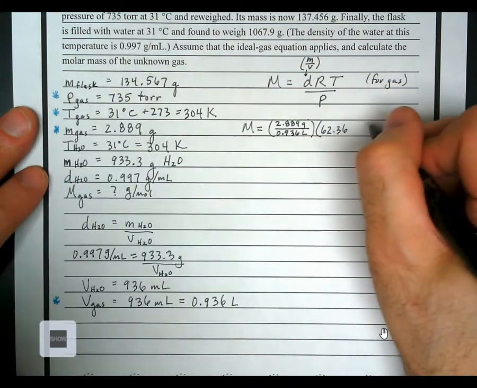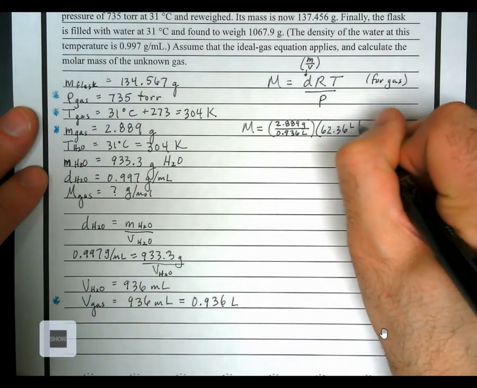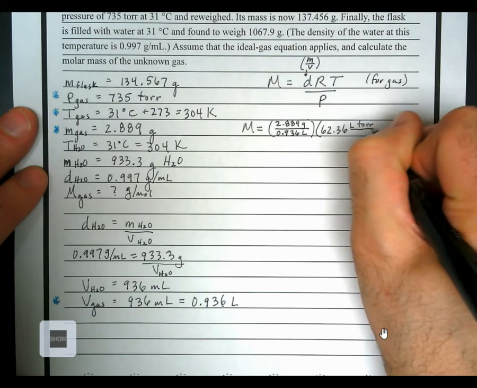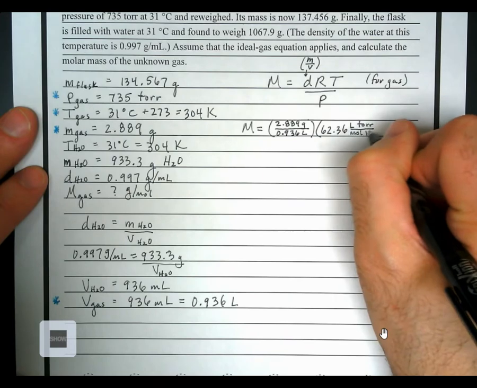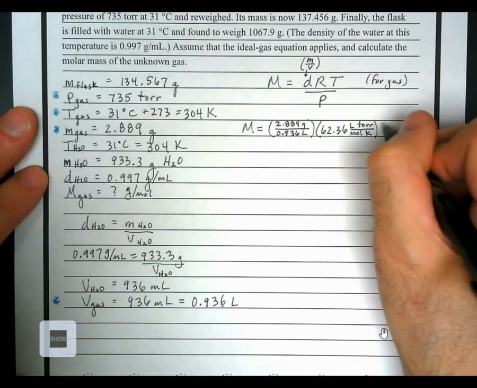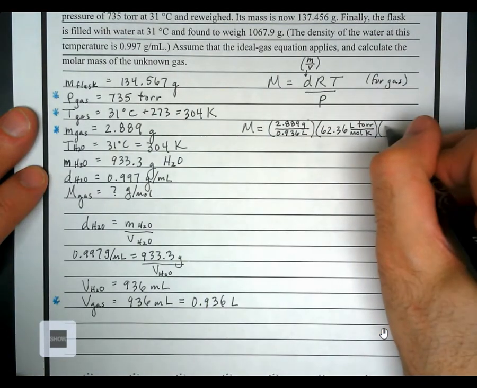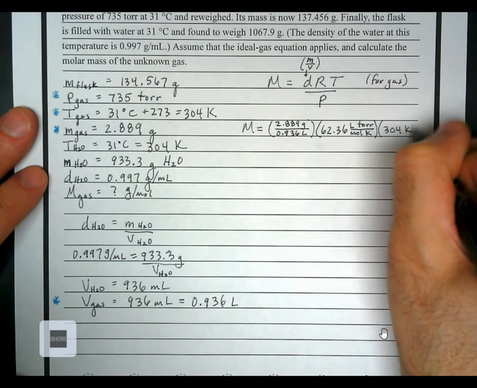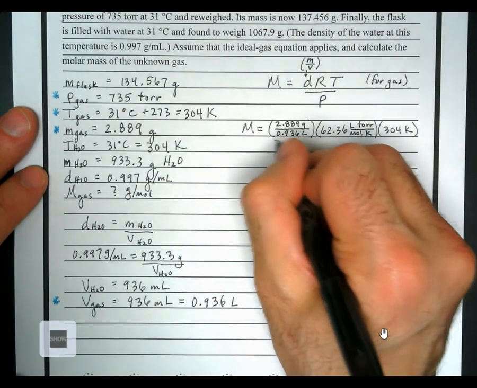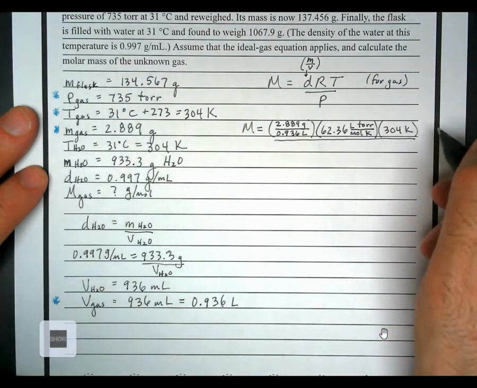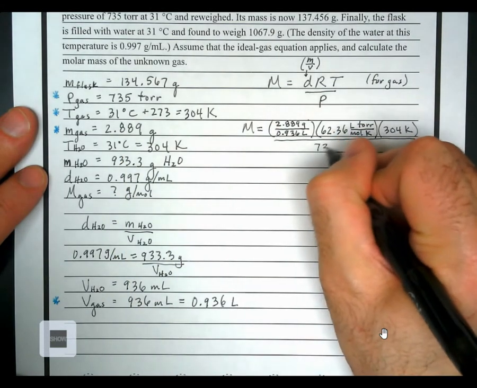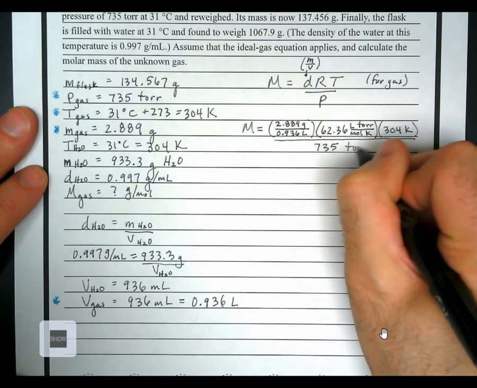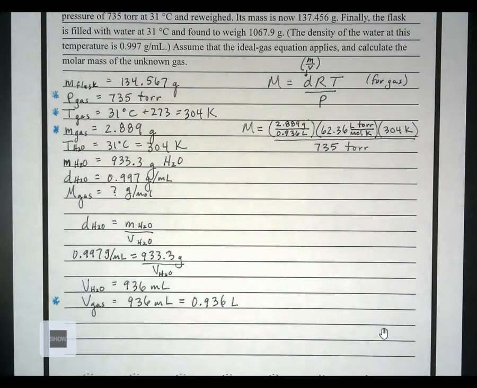That one is liters, torrs, over moles K. Our temp, 304 K. All over 735 torrs is our pressure. Everybody okay with where we got the numbers from and why we're putting the stuff where we are?